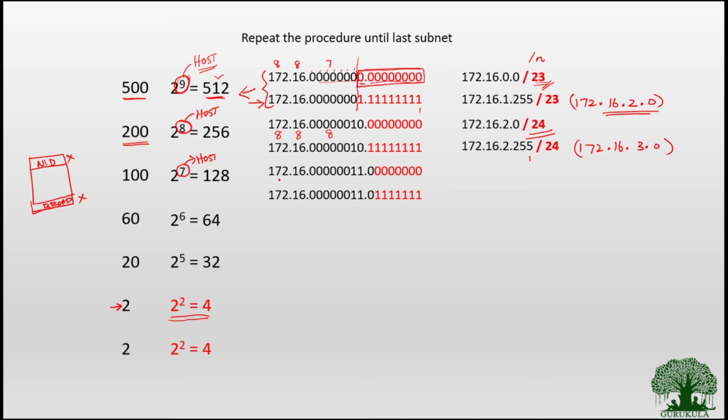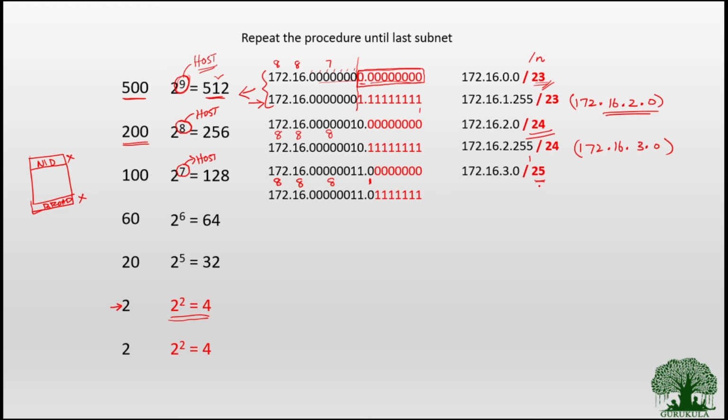You can pause the video here and take a guess. I have 8 bits over here, 8 bits over here, 8 bits over here, and one more bit over here which is allocated to represent the network. So 3 times 8 is 24, and 24 plus 1 is 25. So the /n representation should be 25.